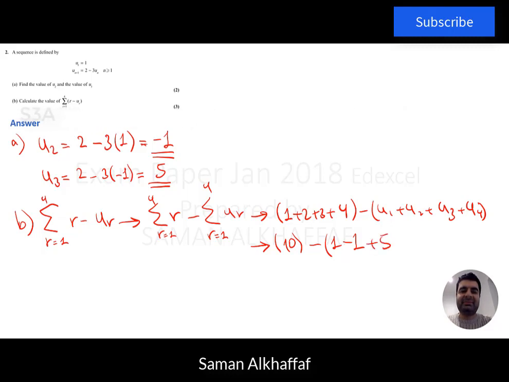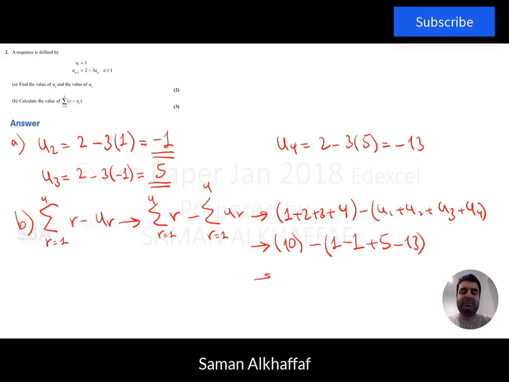Okay, and then we also need to find the value of u4. So to find the value of u4, that will be 2 minus 3 multiplied by 5. So that will give us, to be simplified, 2 take away 15, that will give us minus 13. So we will have also minus 13 here.